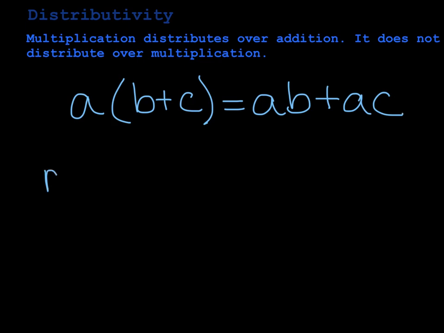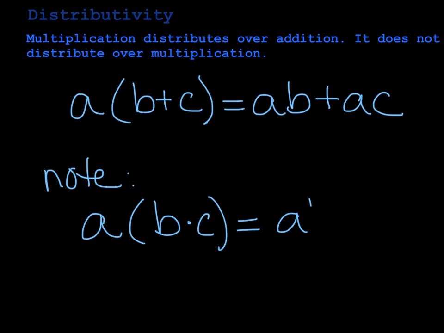Now, please note, because I see this all the time, if I have A and then parentheses B times C, that does not equal AB times AC. Then you get the A in there twice, and you've got an A squared, and you've got an extra A that doesn't belong. So please make sure that you know it's only over addition.